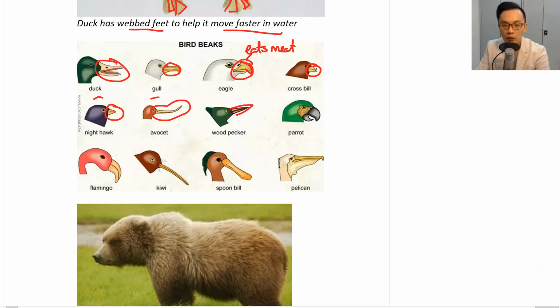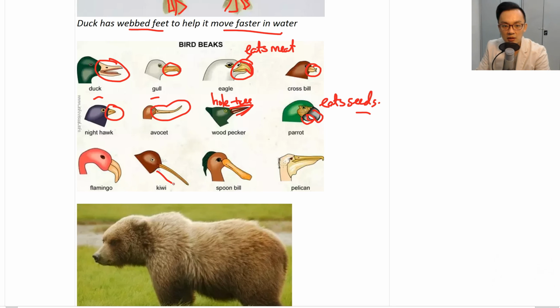A woodpecker will create a hole in the tree, and therefore it has this sharp beak to penetrate the tree. A parrot eats seeds, and therefore it has this hooked bottom jaw and a hooked top part of the beak to also eat the seeds, and so on and so forth.